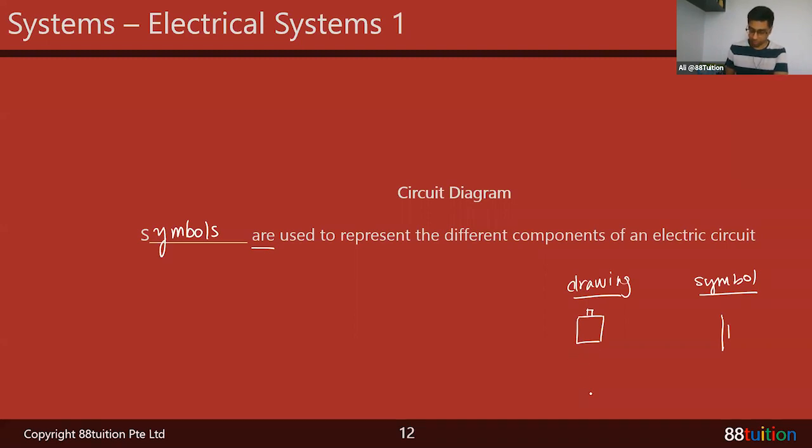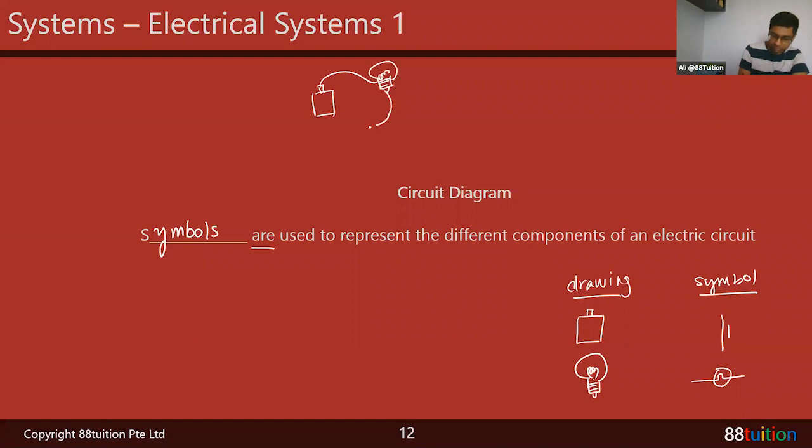So a bulb is drawn like what? This. You don't have to spend too much time drawing this. A bulb can actually be drawn very easily. This is a bulb, very simple. So when you draw a circuit, instead of drawing this and this and this, I can draw this, and this and this.